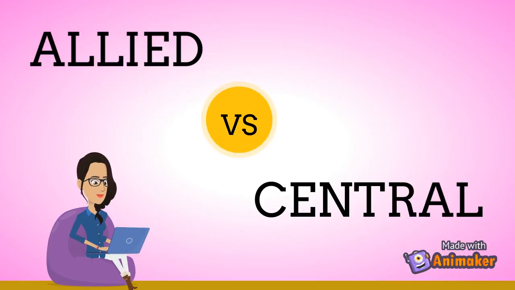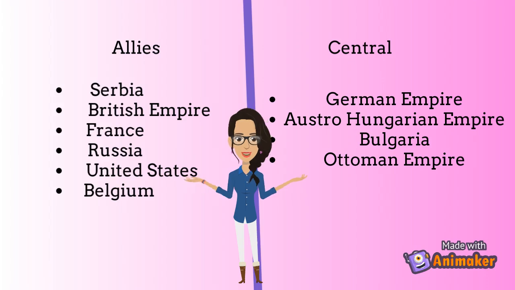Now that we know more about the events of World War I, let's learn about the Allied and Central Powers. There are many differences and similarities between these two powers. The first major difference was that the Allied powers were made up of the British Empire, France, Russia, and Serbia.